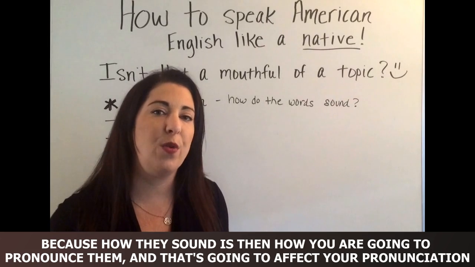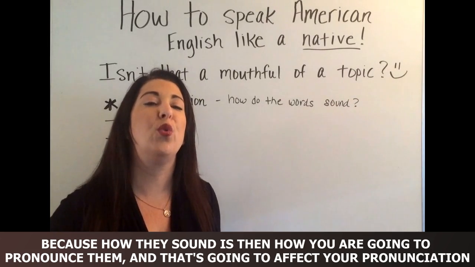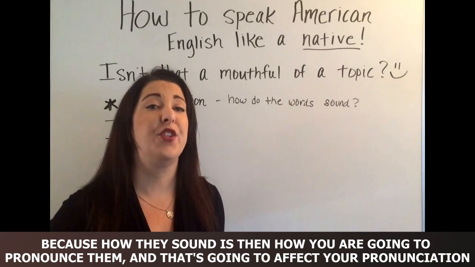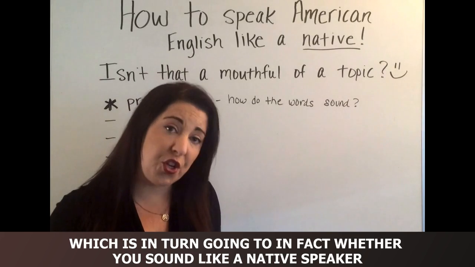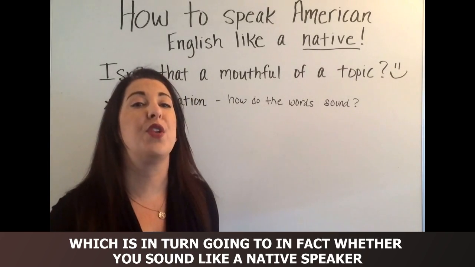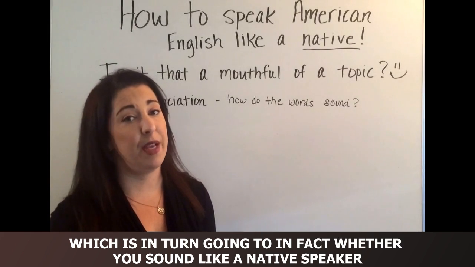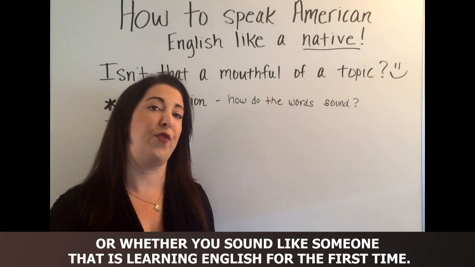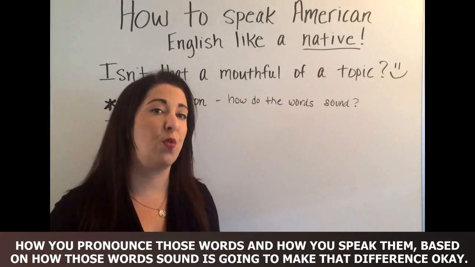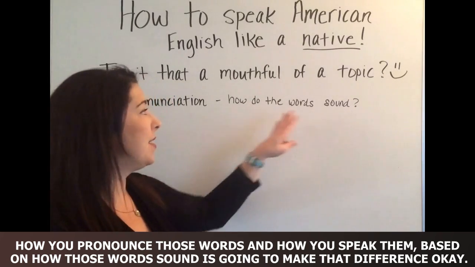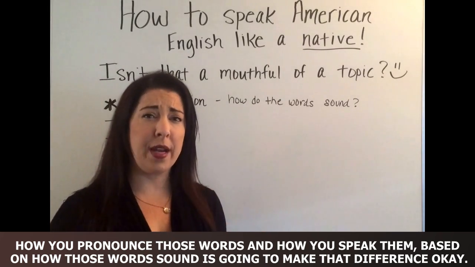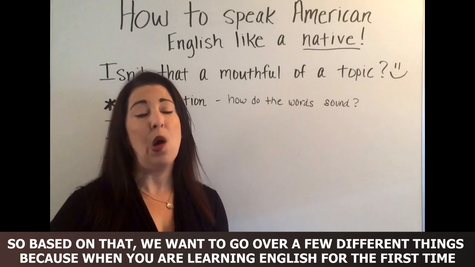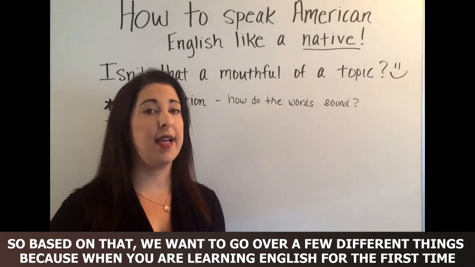Because how they sound is then how you are going to pronounce them. And that's going to affect your pronunciation, which is in turn going to affect whether you sound like a native speaker or whether you sound like someone that is learning English for the first time. How you pronounce those words and how you speak them based on how those words sound is going to make that difference, okay?